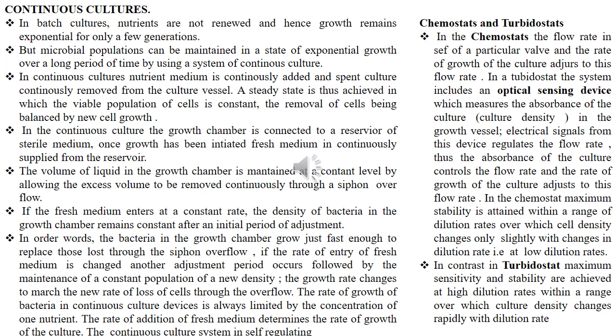What it means is that the organisms in the growth chamber just grow fast enough to replace those lost through the siphon overflow. Then again, if the rate of entry of fresh medium is changed, another adjustment period occurs, followed by maintenance of a constant population of a new density.